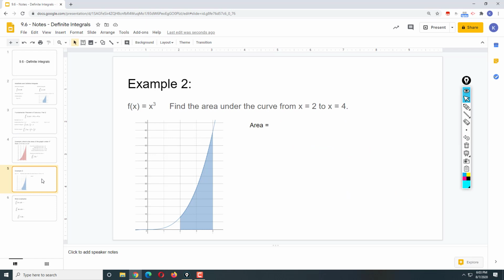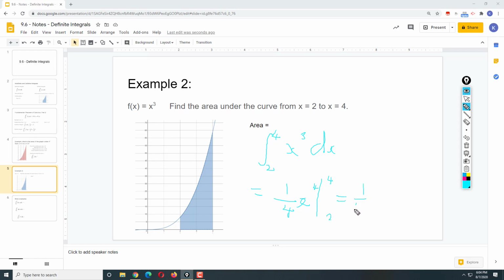Example 2. f of x is equal to x cubed. Find the area under the curve from x equals 2 to x equals 4. So that area is equal to the definite integral from 2 to 4 of x cubed dx. That's going to equal 1/4 x to the 4th power evaluated at 4 minus the whole same term evaluated at 2.